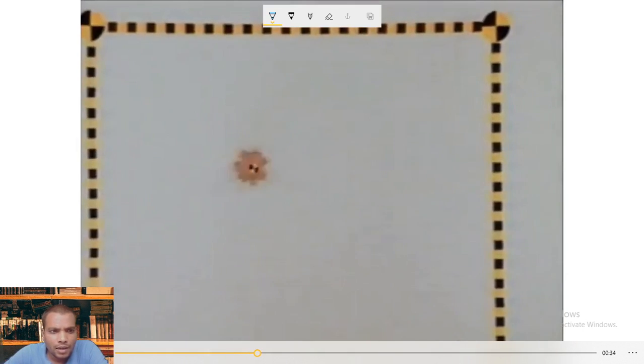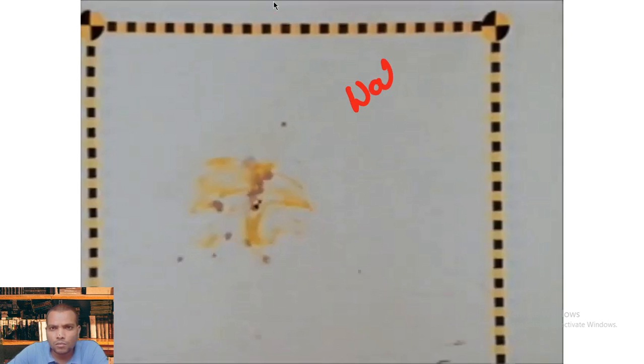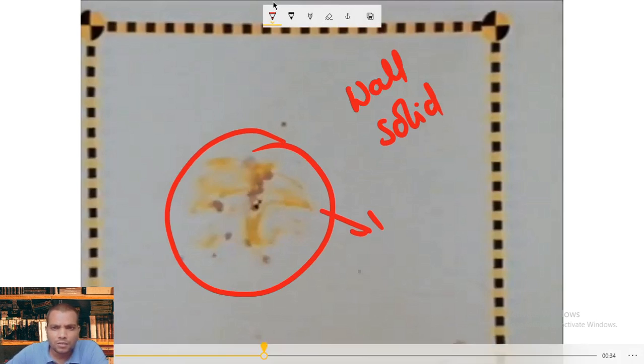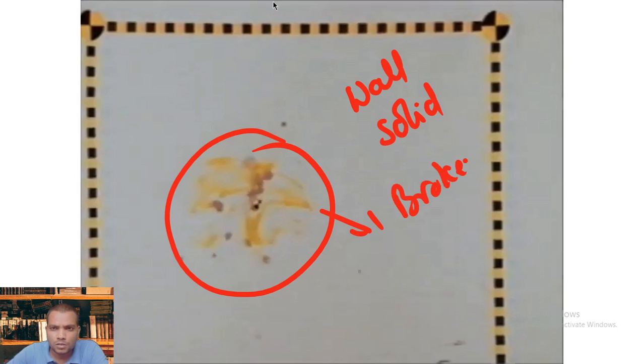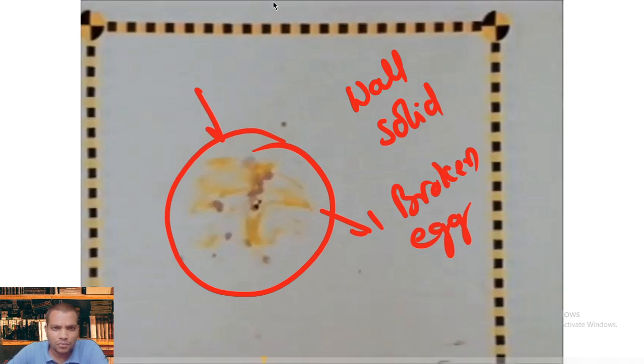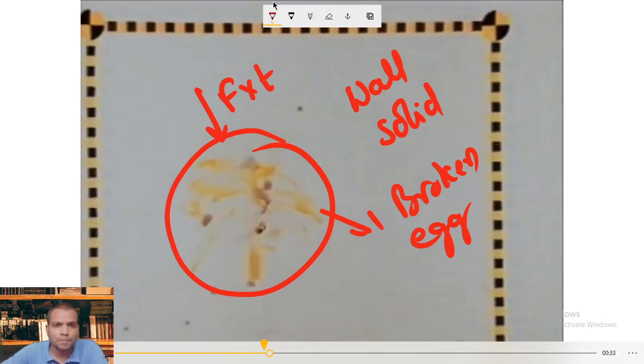Now when the egg is thrown at the solid wall, you can see it's broken. It's a broken egg because of the impact of force and time. What is the force we throw with and what is the time?